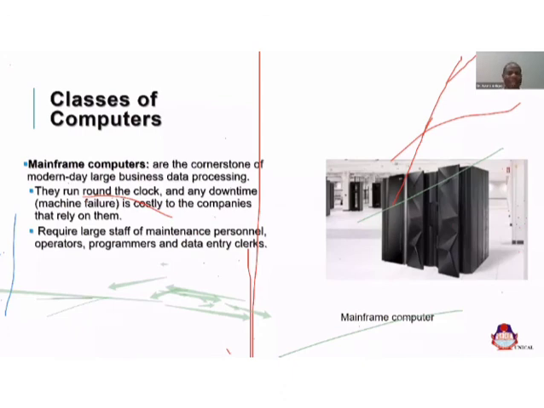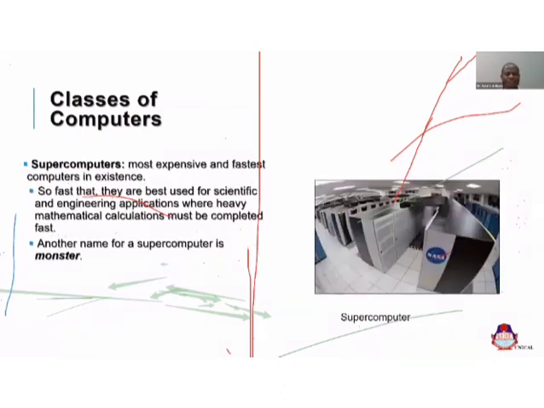Now we look finally at the last class of computers, which is called supercomputers. Supercomputers are the fastest and the most expensive computers in human existence. In fact, they are beyond the purchase of individuals.